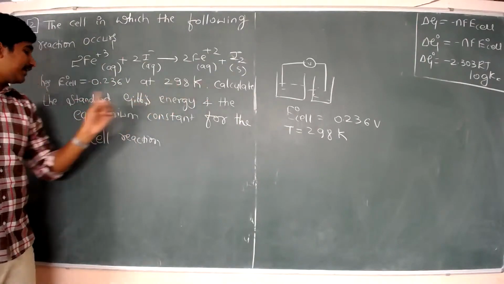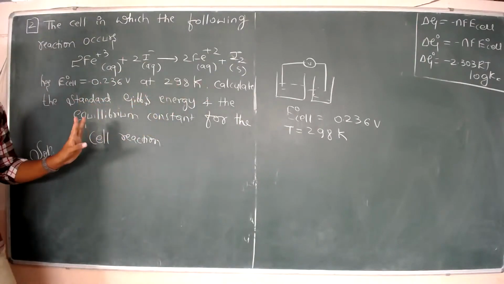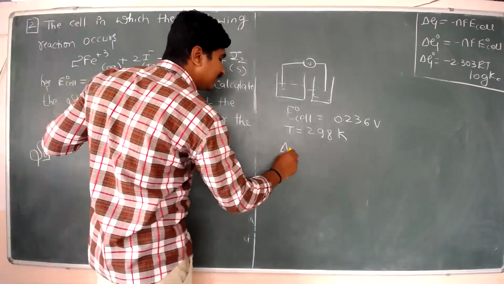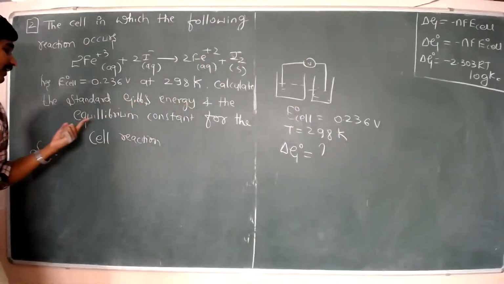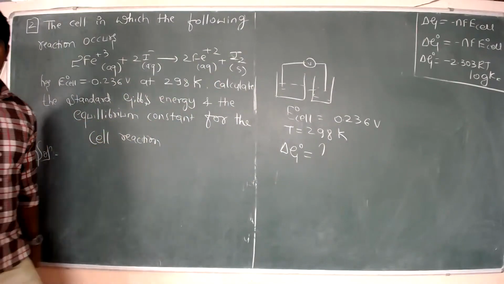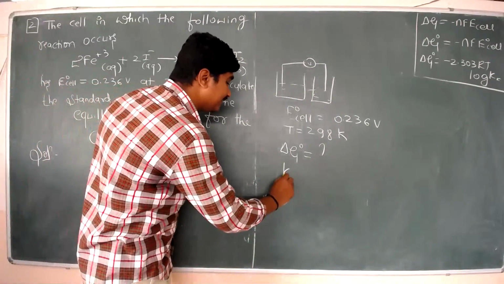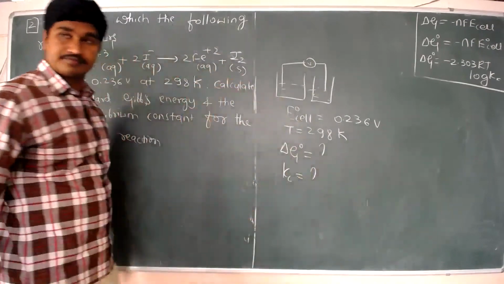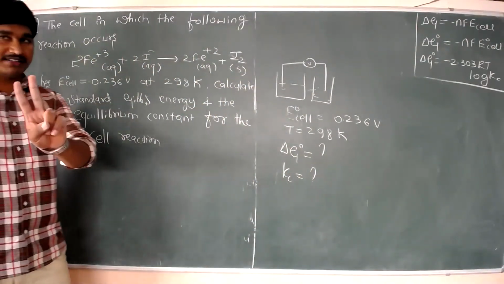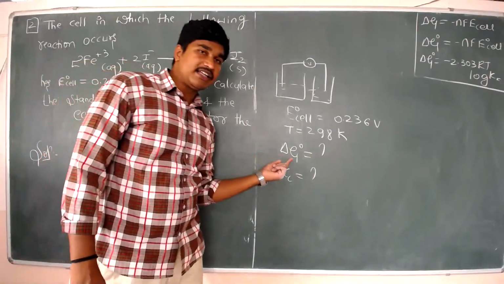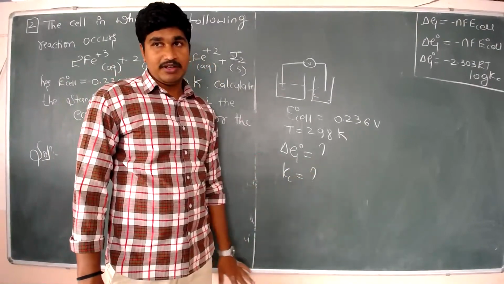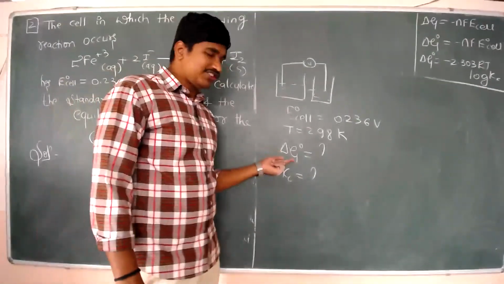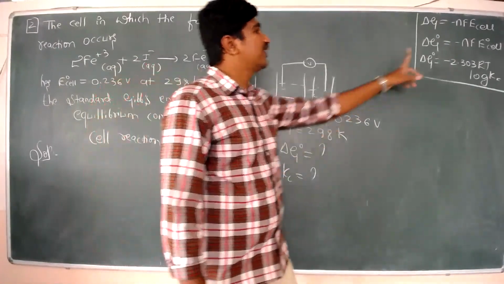What is he asking? Calculate the standard Gibbs energy. Standard Gibbs energy means delta G naught. And he is also asking to calculate the equilibrium constant, that is Kc, for the reaction. Here he is asking two things: calculate the standard Gibbs energy and also calculate the equilibrium constant. For calculating delta G naught, which formula do you have to use? The second formula.